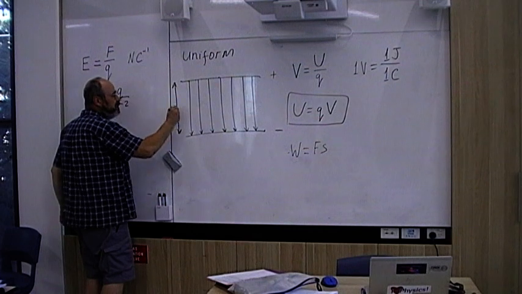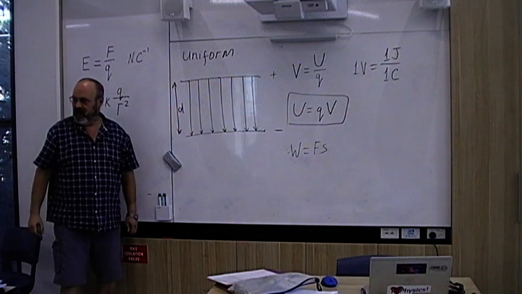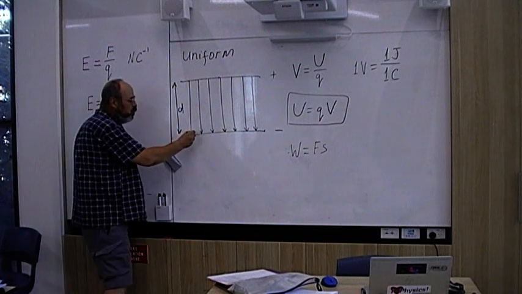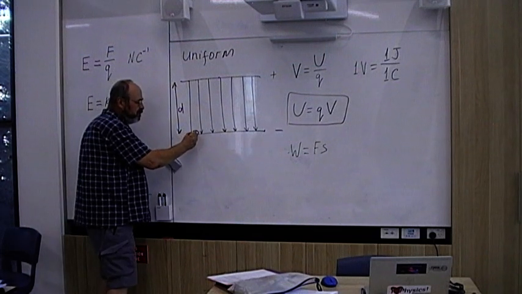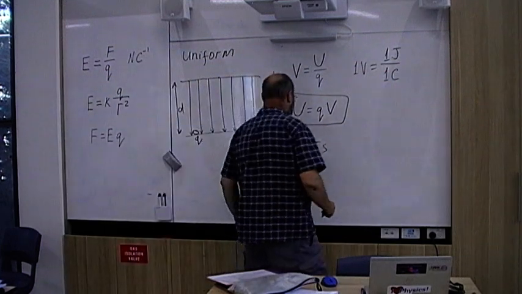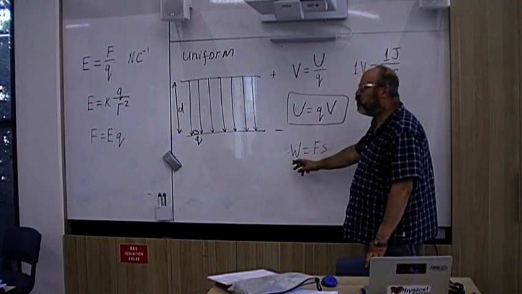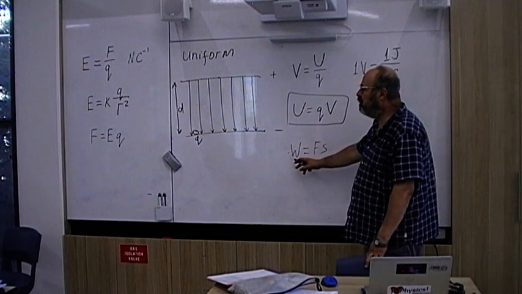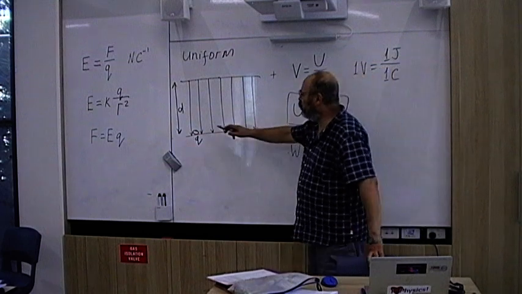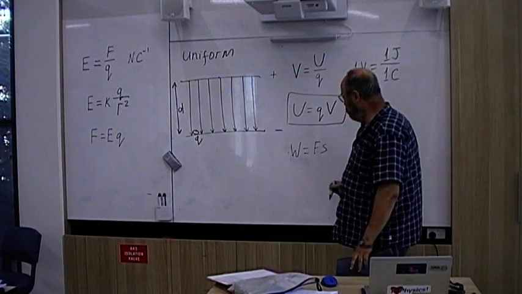Let's use the letter d to denote the distance between the plates. And let's place a charge q here at one plate. Then, how much work needs to be done to move it from here to there? Let's say it's a positive charge, so we are doing work.